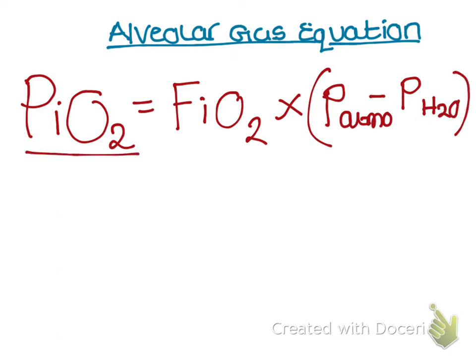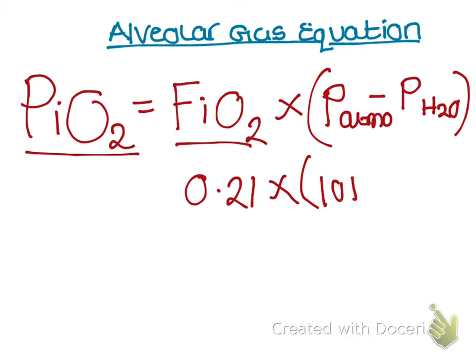So PiO2 will be dependent on the FiO2. For example, at sea level, the FiO2 will be 0.21, the atmospheric pressure would be 101, and the pressure of water vapour would be 6.3, therefore giving us a PiO2 of 19.9 kilopascals.